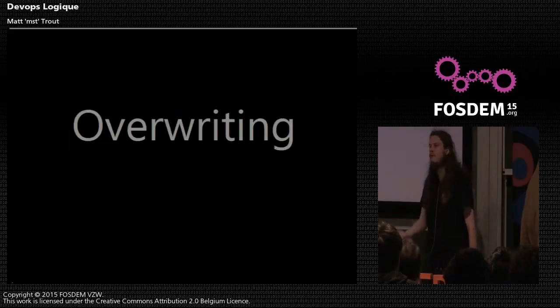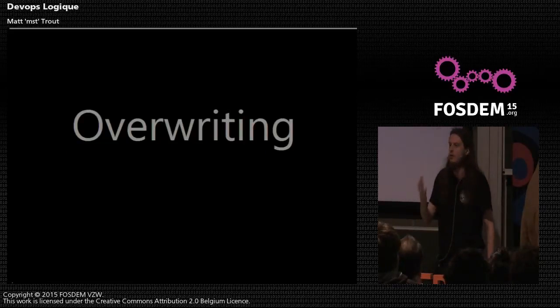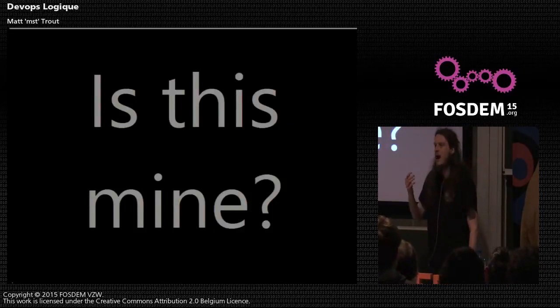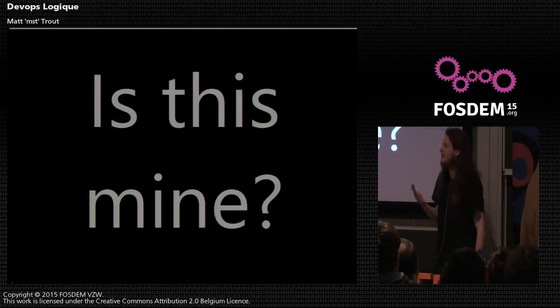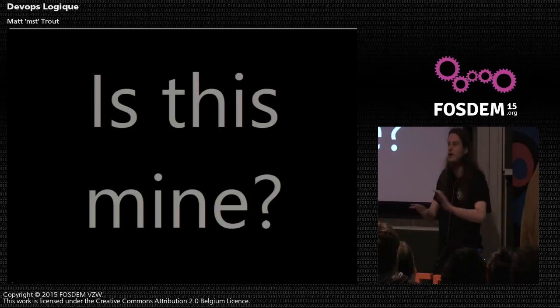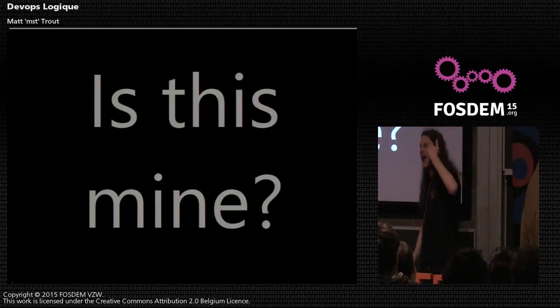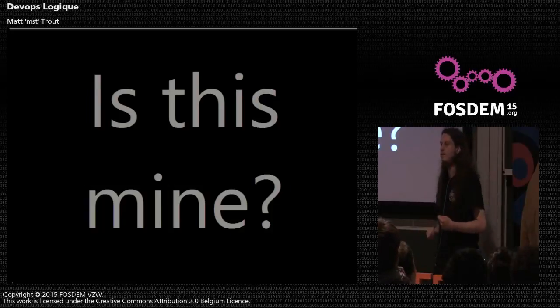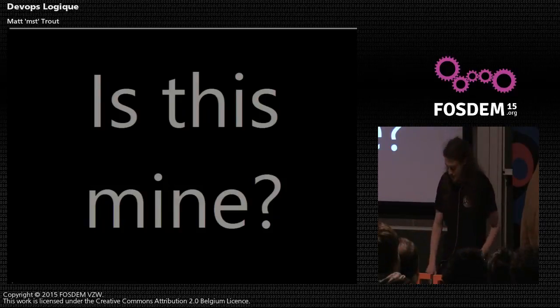And overwriting files, yes, this is fine on a box where you own the file. But I want configuration management that can say, is this mine? If it's mine, as in if it's the last version I installed, totally cool, I can overwrite it. If it's changed, yes, overwriting it is an option, but there are other options, like leave it alone, or, you know, for the finance environment, raise a ticket with HR to fire the person who changed it.